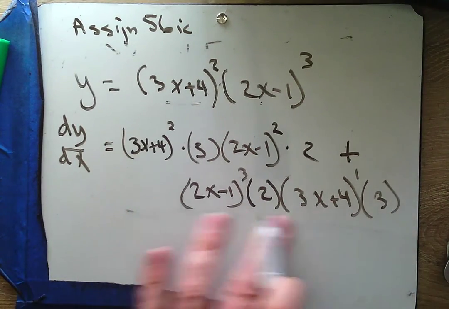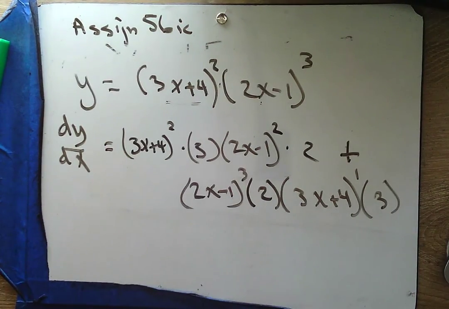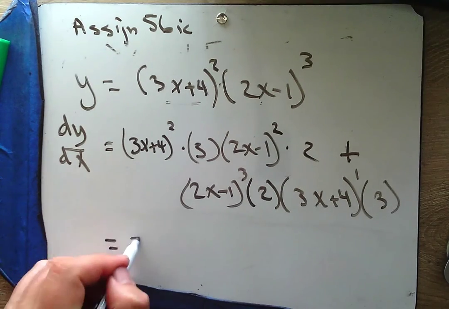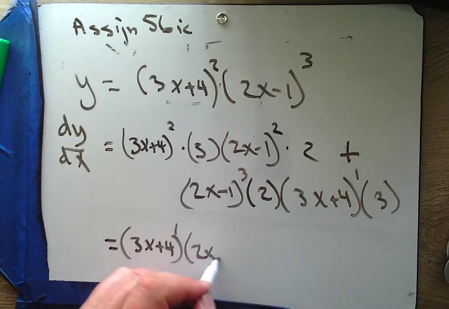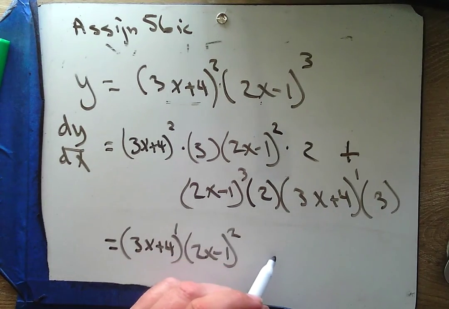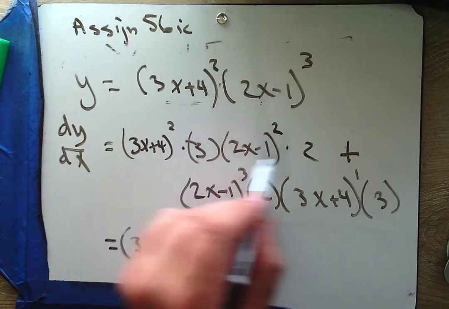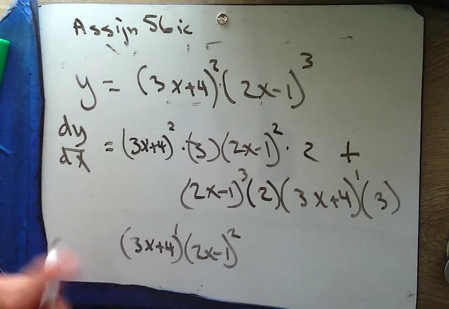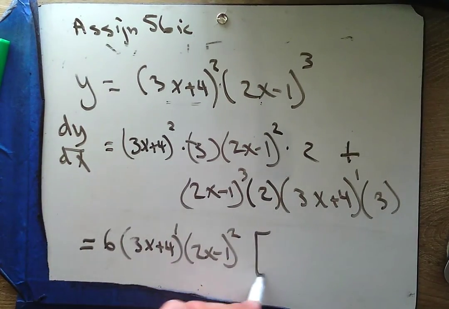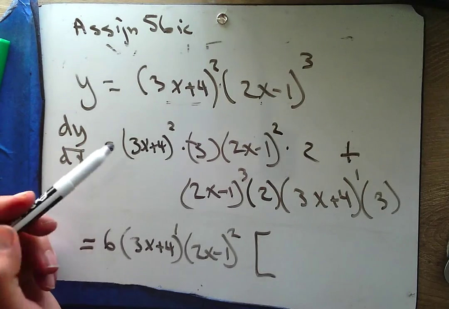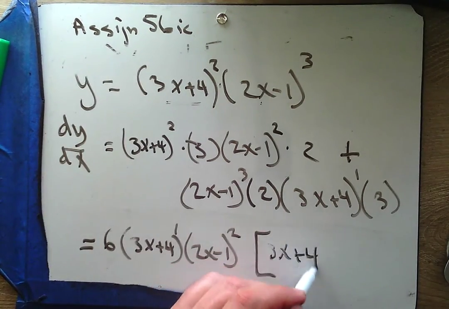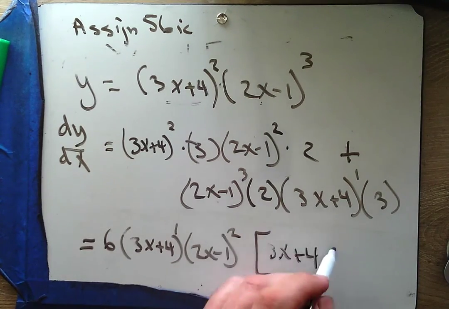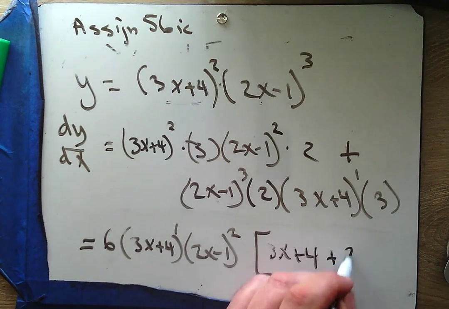No, all over. That's it. Here we go. And again, it might be good practice to pull out that 3x plus 4 to the 1st and that 2x minus 1 to the 2nd. And that's a 3 and a 2 and a 3 and a 2. So I'm also going to take out 6. And what am I left with? One of those, and one of those after the plus sign.